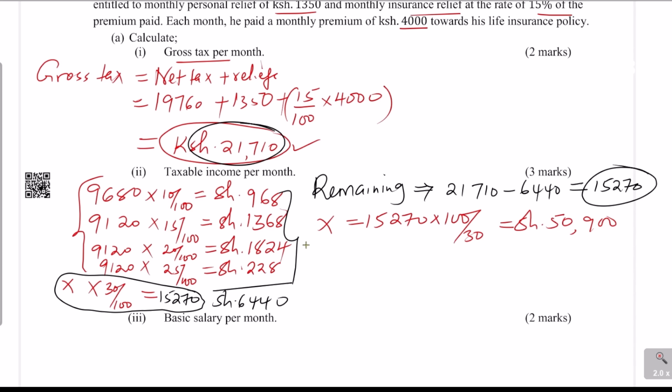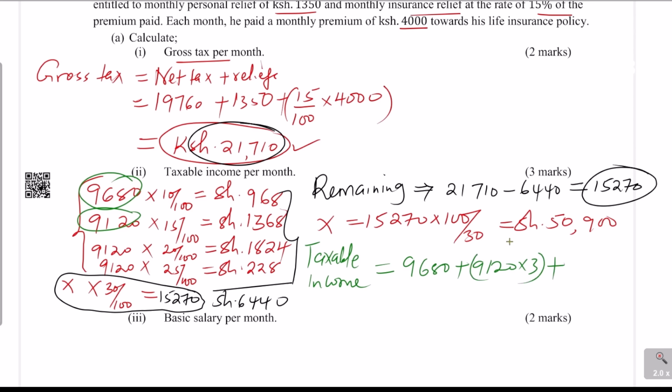Now the taxable income, now we're getting the taxable income. The question is getting the taxable income. So taxable income will be given by, we are going to add these. So first one is 9680 plus then 9120. How many of these are there? There are 3 values like that, and then we add for the last band this one, 50,900.